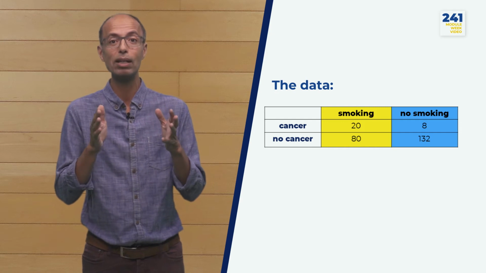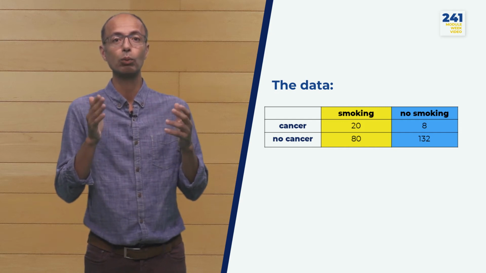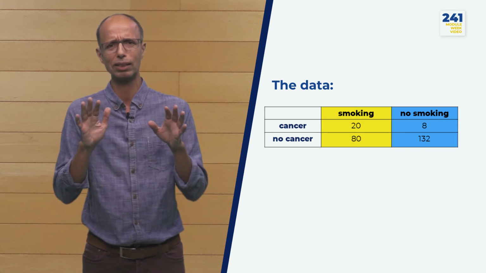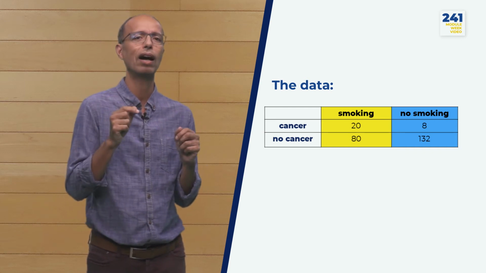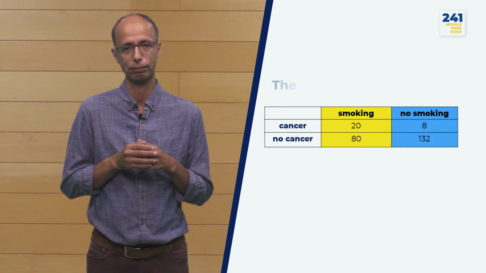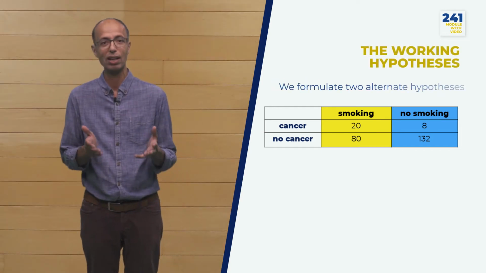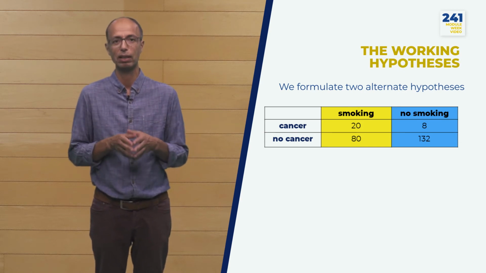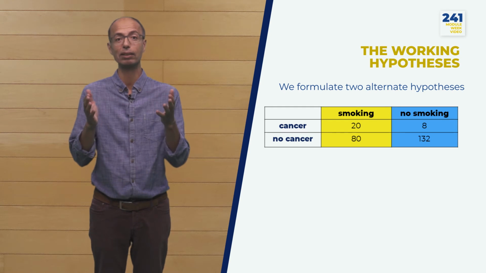Data are usually tabulated along what we call a contingency table. As in all statistical testing, let's identify and express our working hypothesis. The null hypothesis is that both variables are not associated. This can also be stated in different ways.